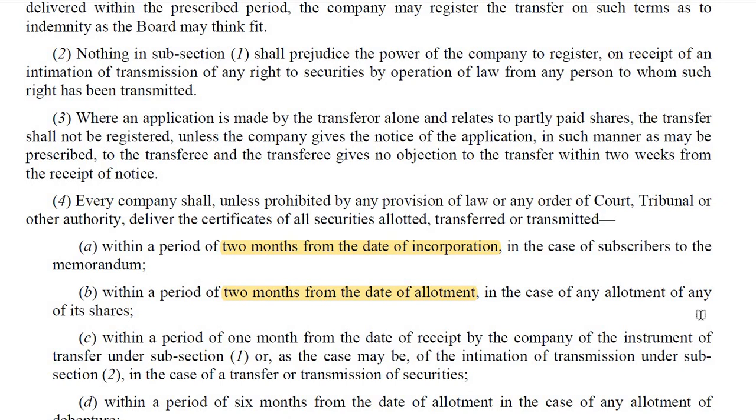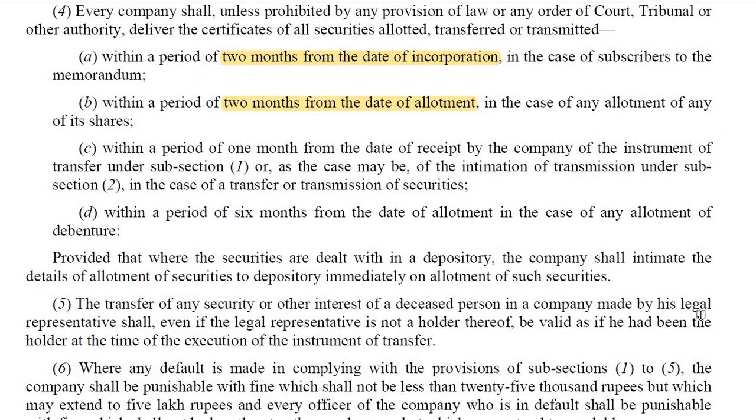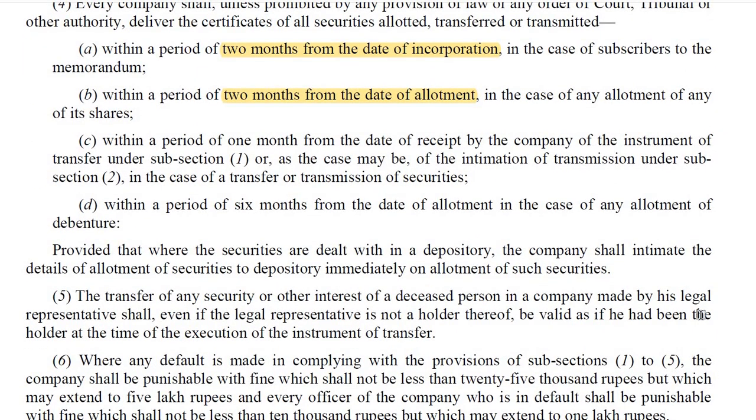So you should note the difference between subscribers to the memorandum and allotment of any shares, allotment holders. Within a period of 1 month from the date of receipt by the company of the instrument of transfer under subsection, or as the case may be of the intimation of transmission under subsection 2 in the case of a transfer or transmission of securities.